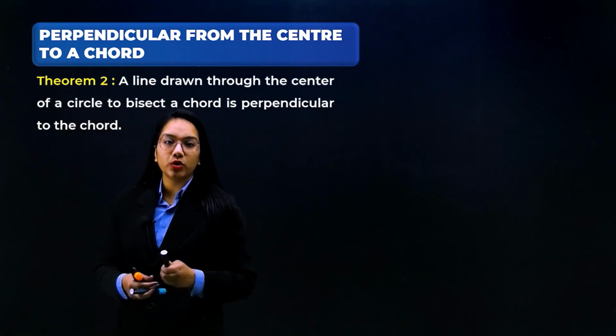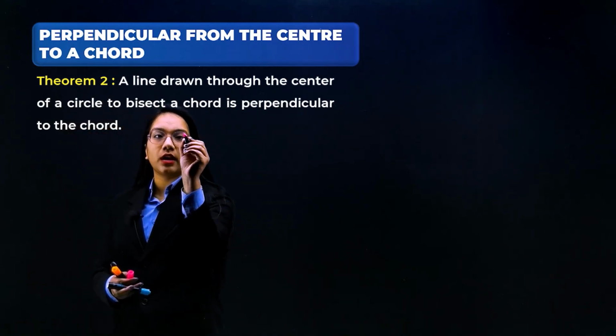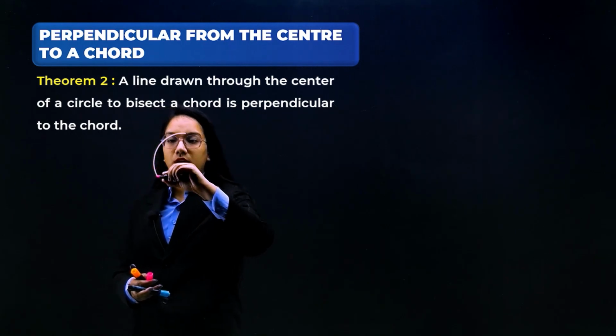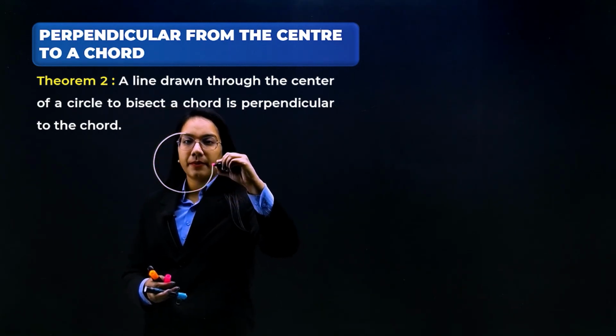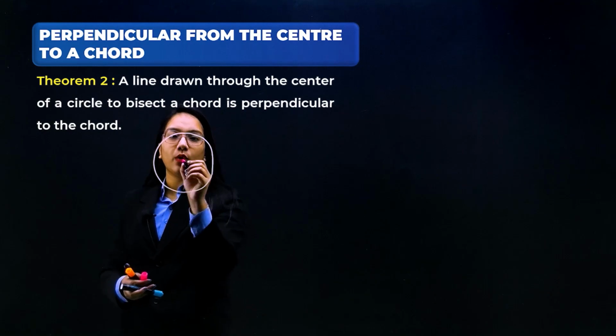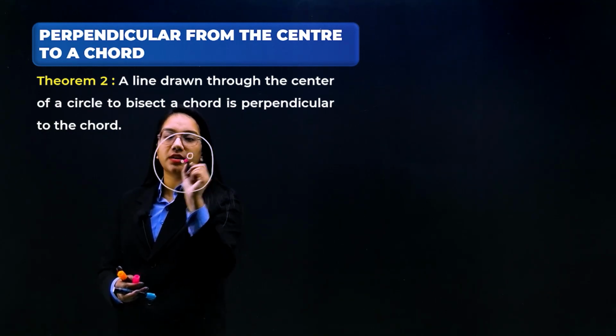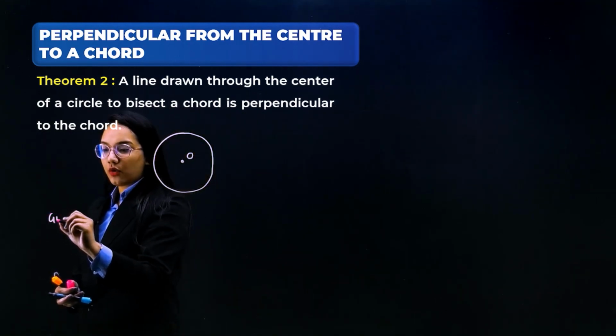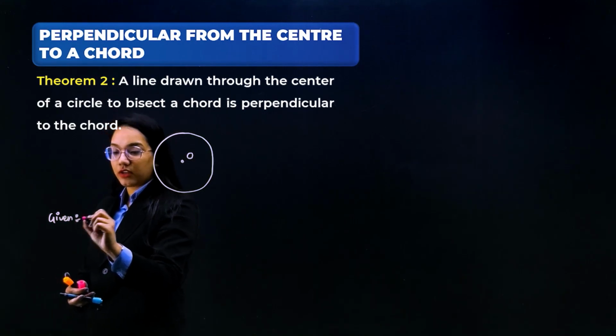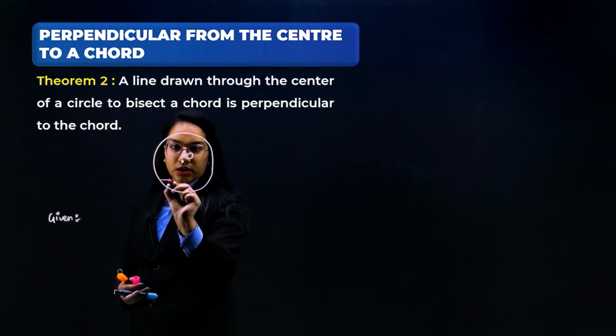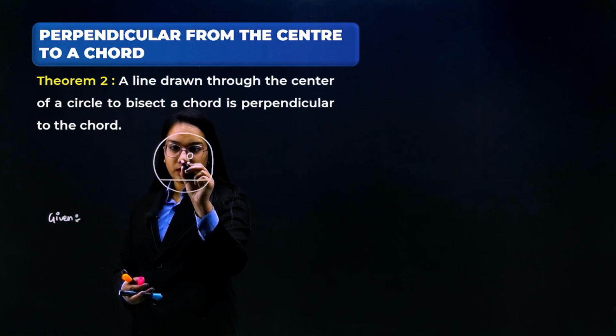So let us suppose this is a circle having the center as O. Along with it, I'm writing the given condition. Given is a circle.